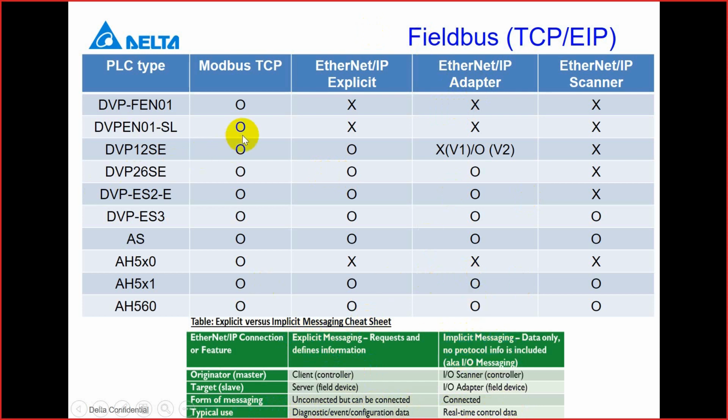For the Delta PLC Ethernet types, like the DVP function card EN01, this basically doesn't support it. And for the SE series or ES2-E, ES3, and for the new generation, they all support it.